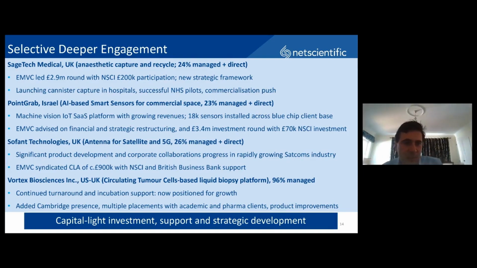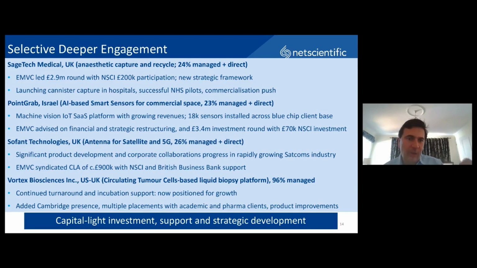So starting with Sagetech Medical, this is a Devon-based, highly innovative company. You heard us right. There is innovation happening in Devon. Now, what the company does is they have developed an anesthetic gas capture and recycling medical equipment. This is actually very important, not only for keeping patients alive during operations, but also it's a very important piece of infrastructure within ICU units and operating theaters.